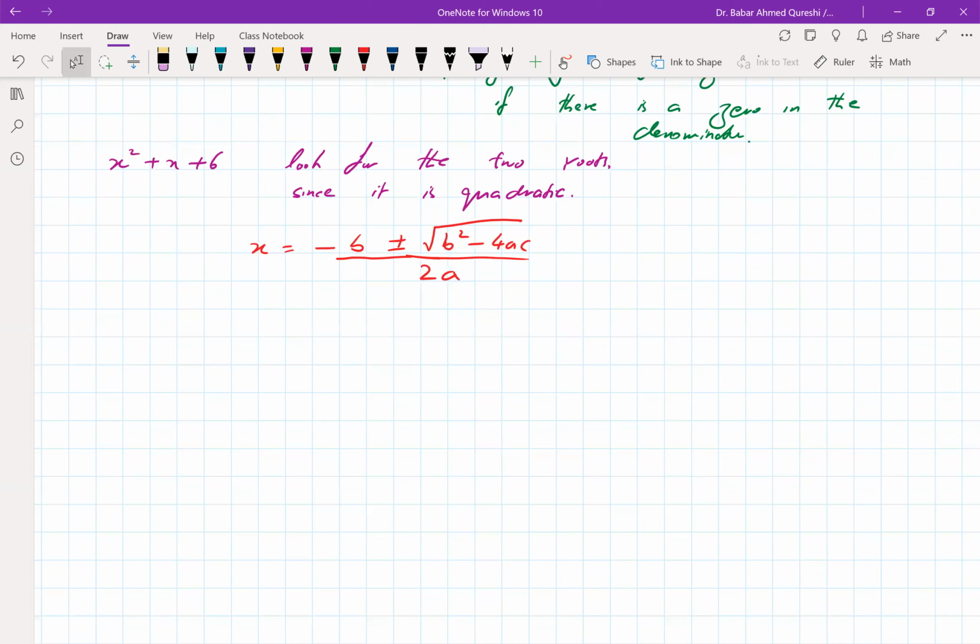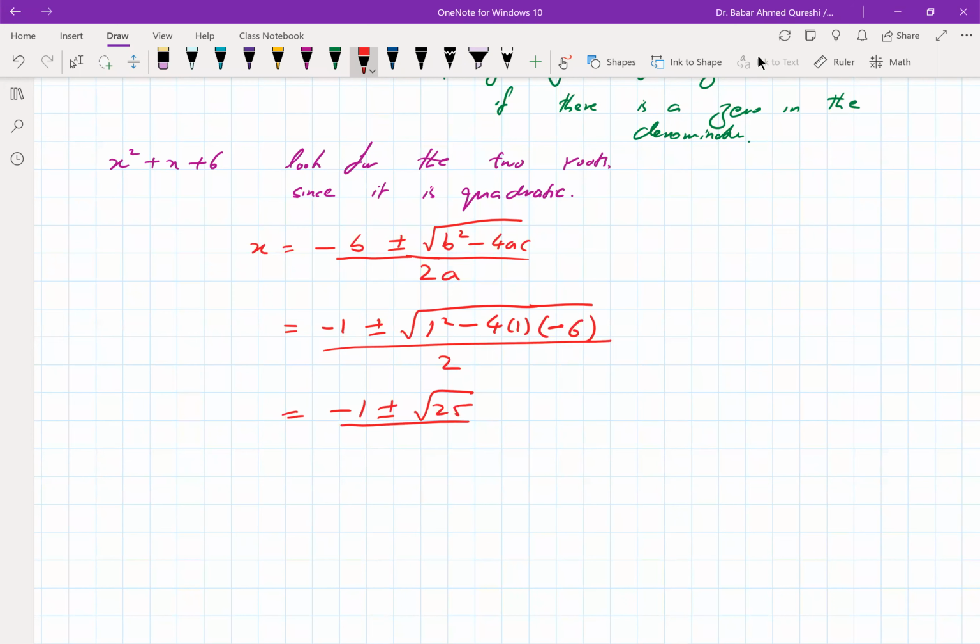And if I use this, I get -1 this and 2. So that gives me this root and this root. So 2 and -3.